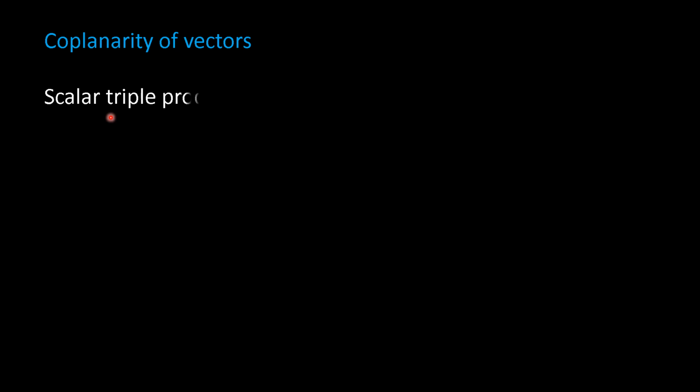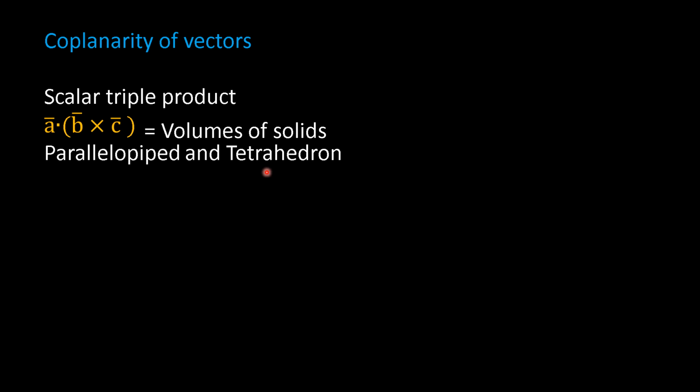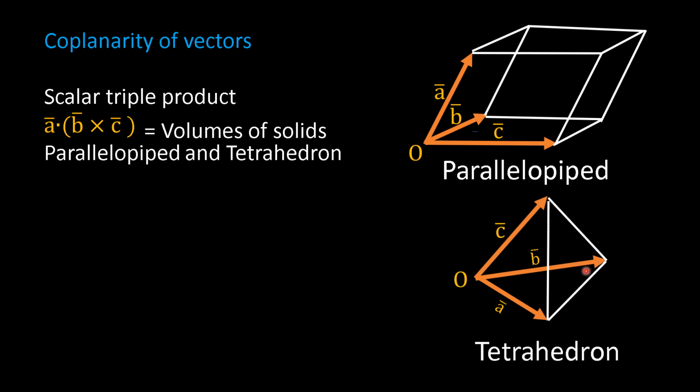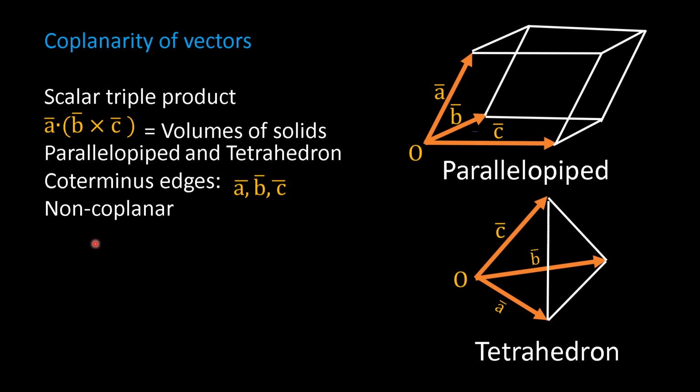To understand coplanarity of vectors, we have to consider the scalar triple product. We have seen that the scalar triple product A bar dot B bar cross C bar represents the volumes of solids such as parallelepiped and tetrahedron, whose coterminous edges A bar, B bar and C bar are essentially non-coplanar.